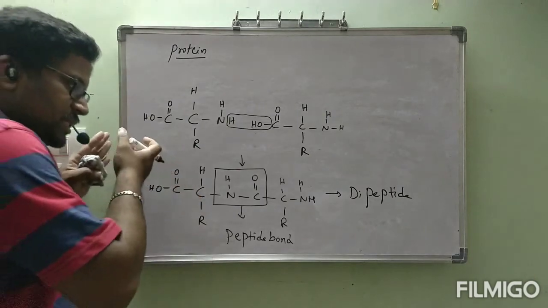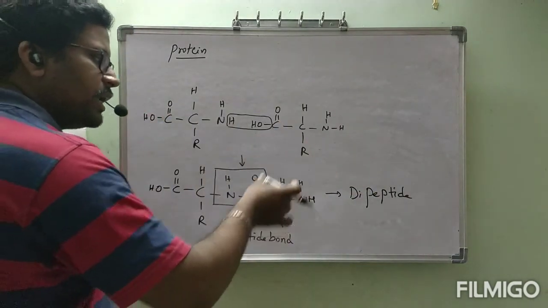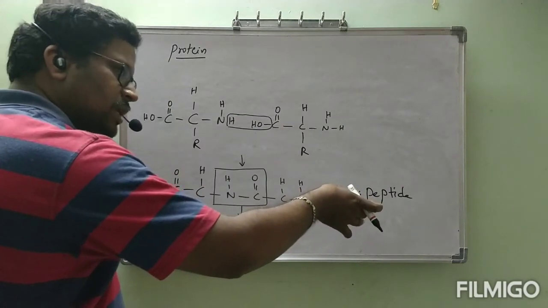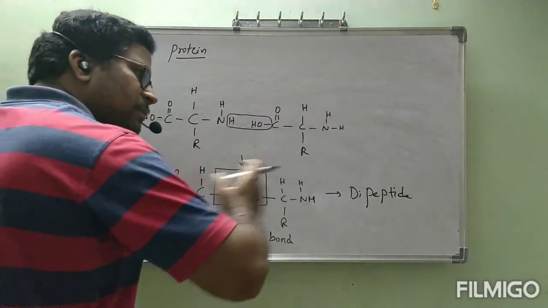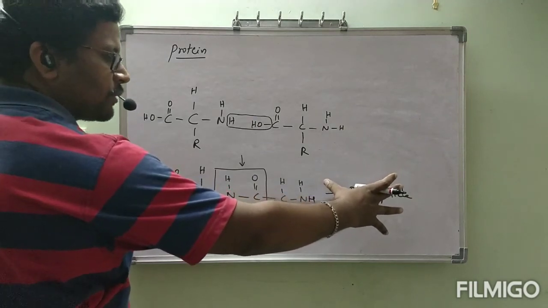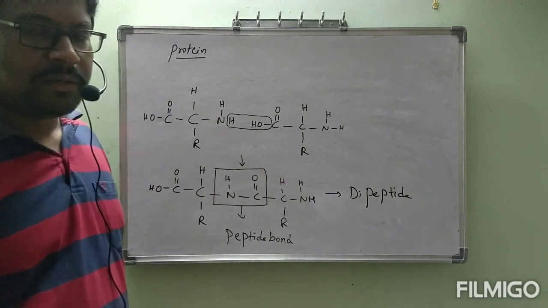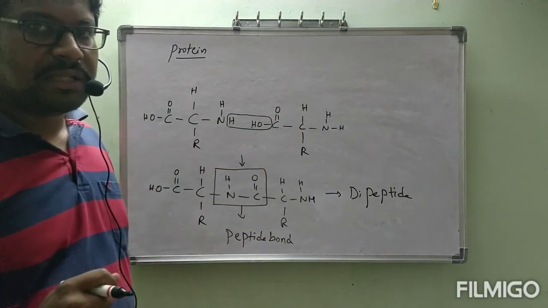This is continued: glycine, alanine, then another amino acid. Suppose another amino acid is there, that is called tripeptide. If 3 amino acids are there, that is tripeptide. If 2 amino acids are there, that is dipeptide.